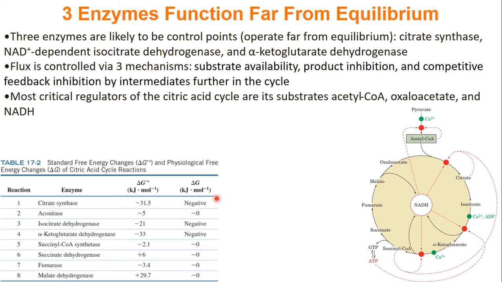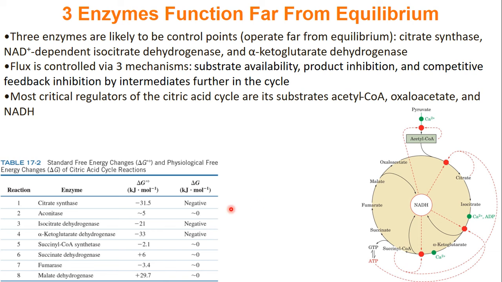If you look at delta Gs for these enzymes under cellular conditions, which is this delta G that I'm circling right here, you have 3 enzymes that are far from equilibrium: citrate synthase, isocitrate dehydrogenase, and alpha-ketoglutarate dehydrogenase. These are going to be our 3 enzymes that we want to inhibit, that will stop the whole cycle.